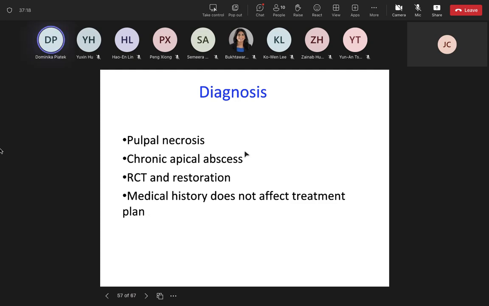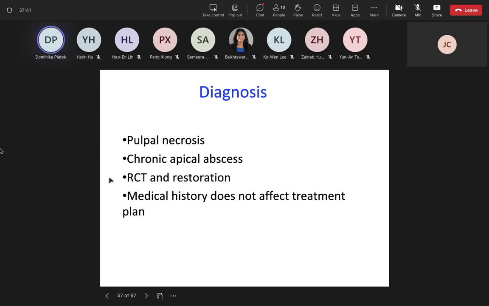The main and most characteristic thing for this chronic apical abscess is a sinus tract with the pus flowing from that, and to this opening of the sinus tract we can insert some gutta-percha point to make the X-ray and find the source of the inflammation.